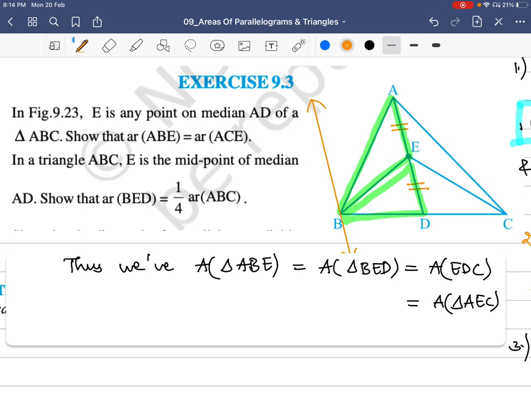So let that be equal to x. Okay, and therefore x plus x plus x plus x will be equal to area of triangle ABC, because this whole triangle ABC is made up of these four inner triangles.